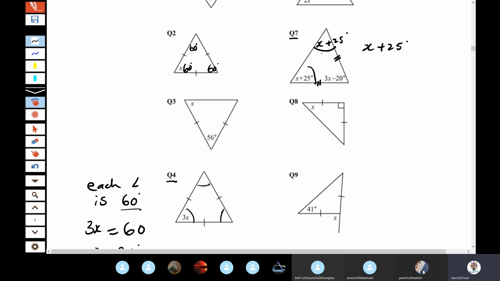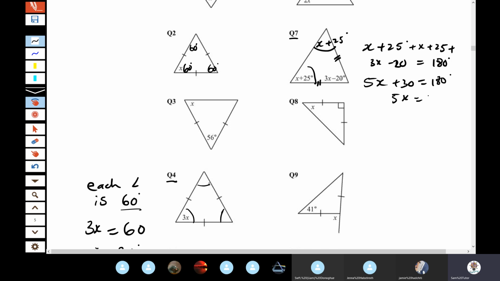Well, isn't it the same logic? Anything plus anything plus anything. The three angles of a triangle must add up to 180 degrees. 5x plus 3x is 8x, 25 take away 20 is 5.